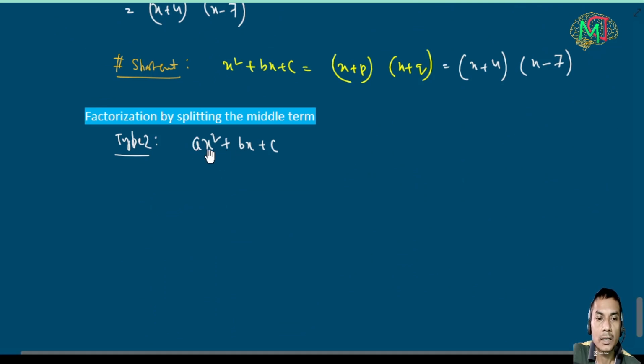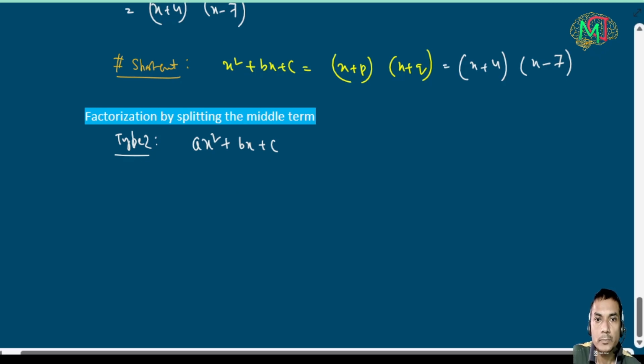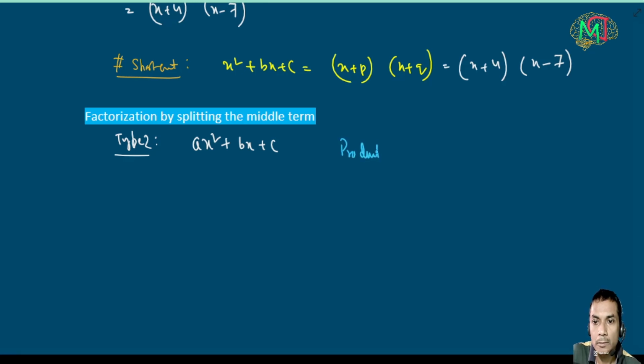So if it is in this form, then what do we have to do? Here we consider the product as AC, and the sum remains the same, that is B. This way we include the sign also to get the product, and this way we split the middle term.